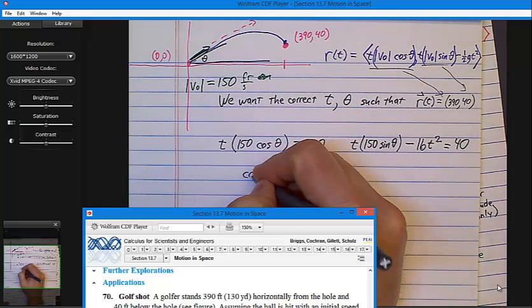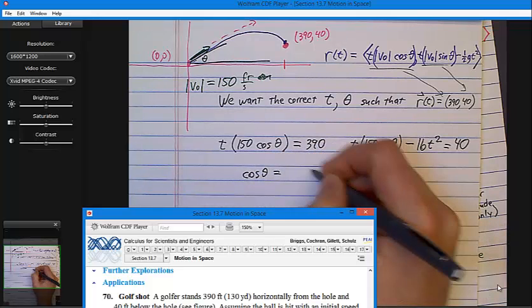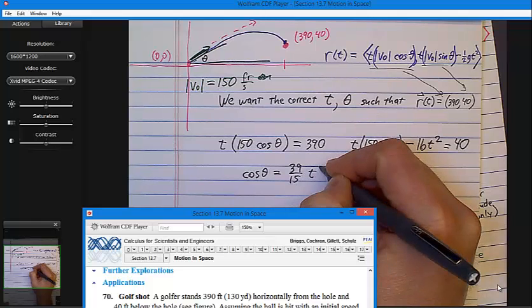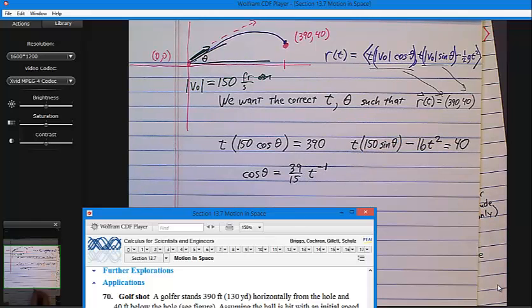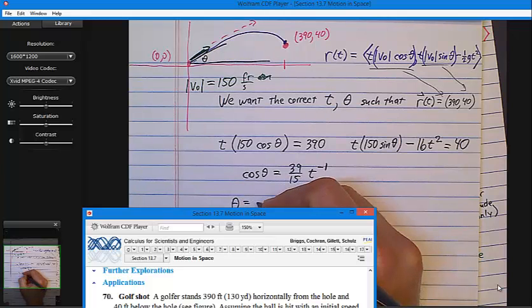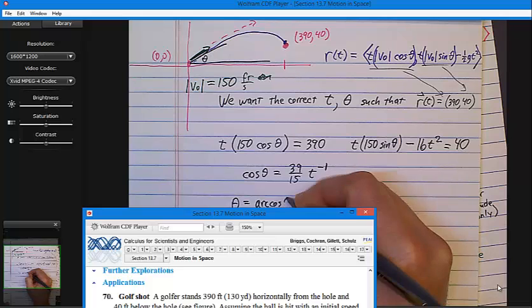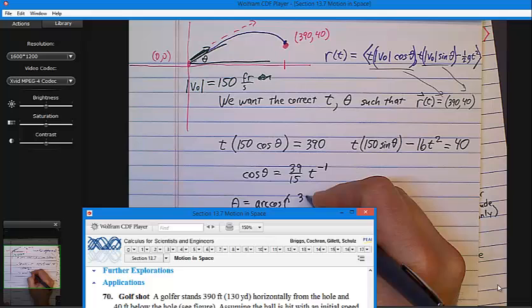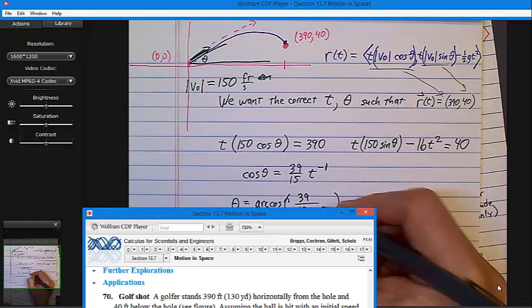Okay, so the cosine of theta is equal to 39/15 t to the negative first, or you could write it as 1 over t. In other words, theta is the arc cosine of 39 over 15t, right?